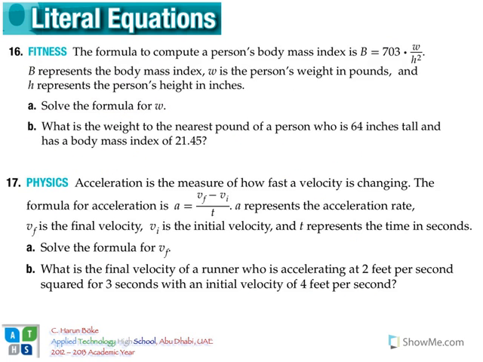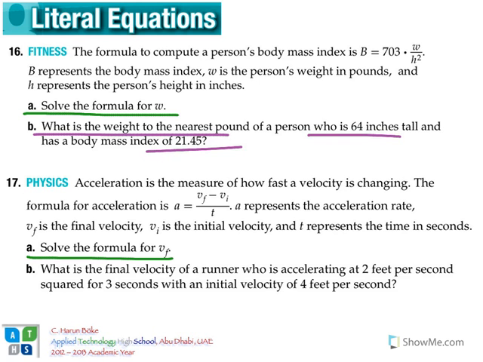Now it is your turn. There are two problems for you to solve. Please solve these problems and type your answers in the answer sheet. Remember, in part A, you are going to solve the formula for the given variable, and in part B, you are going to substitute the values and find the value of the variable.